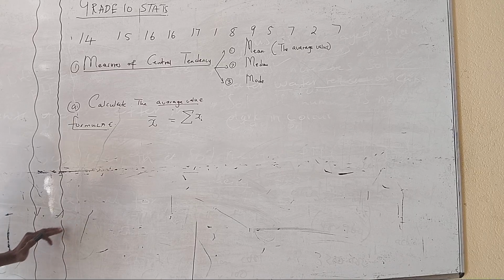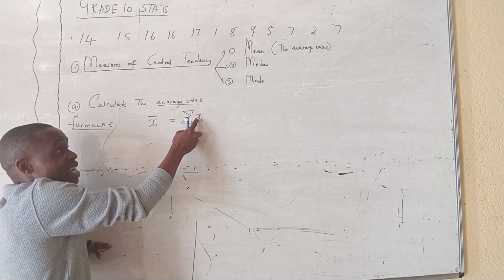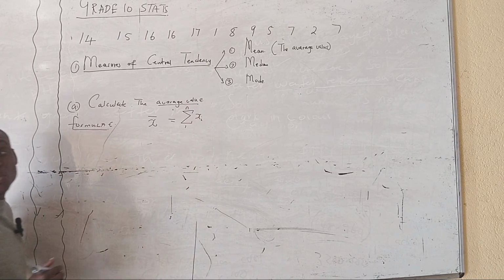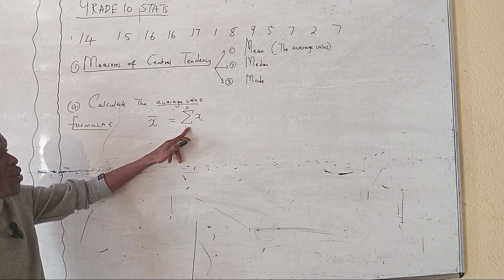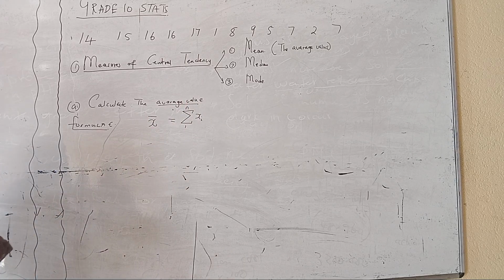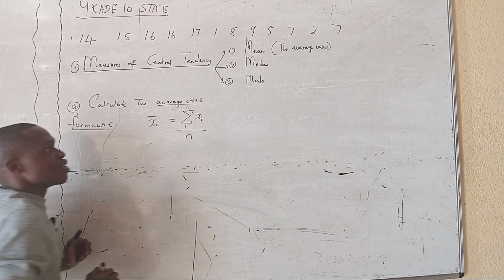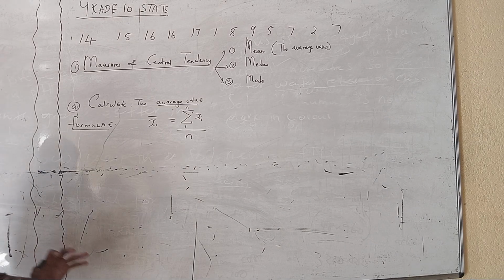We find the sum of all values, starting with the first one up to the last one, and then we divide by n. I wrote my formula mathematically.